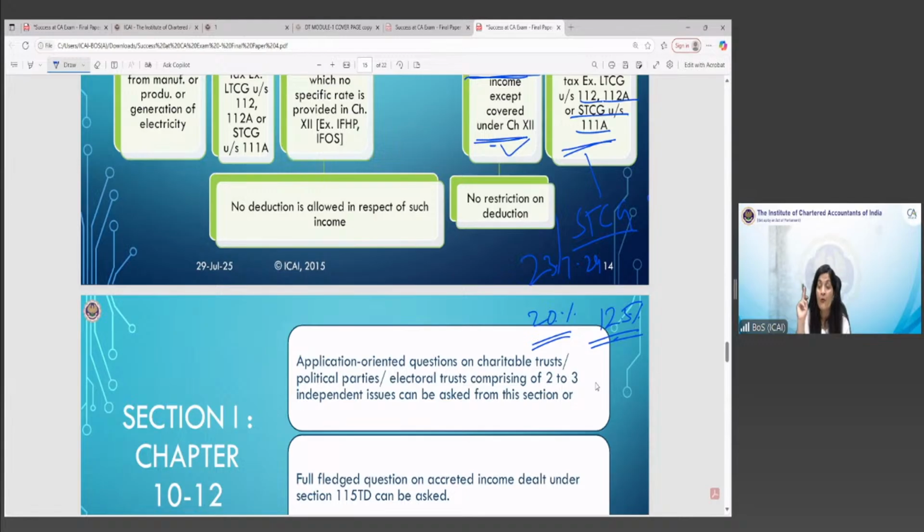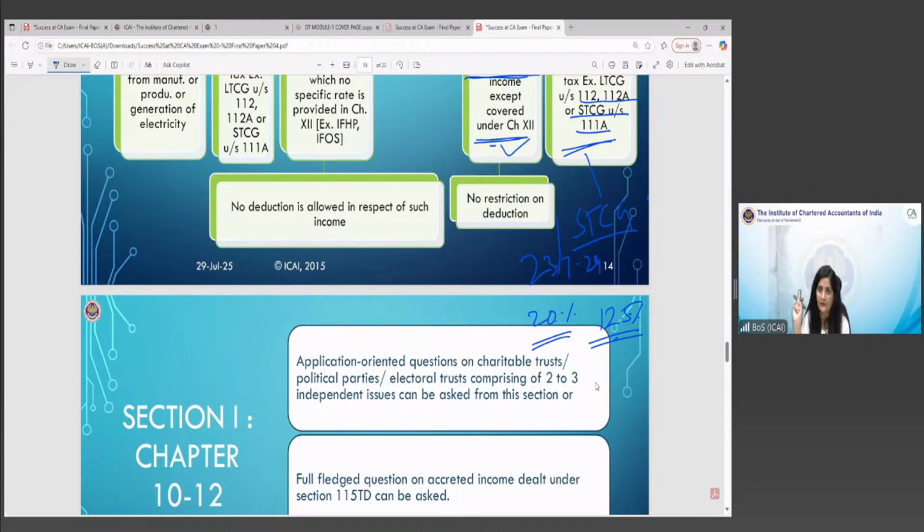ठीक है, वहां पे what they have done, they have given this benefit to individual or HUF resident in India who have acquired the land or building or both before this 23/7, ठीक है, on or before this 23/7, but transferred thereafter, have the option to check whichever is beneficial.